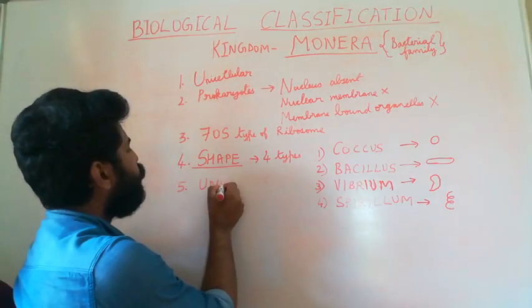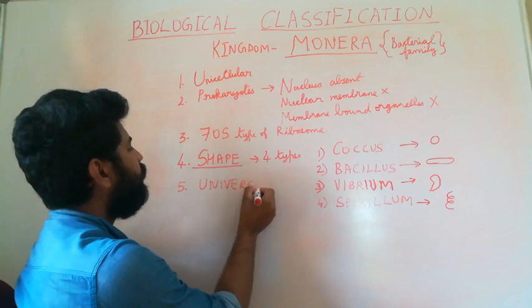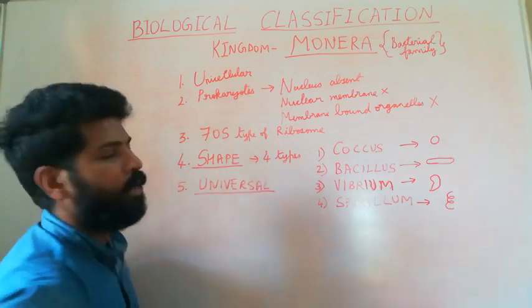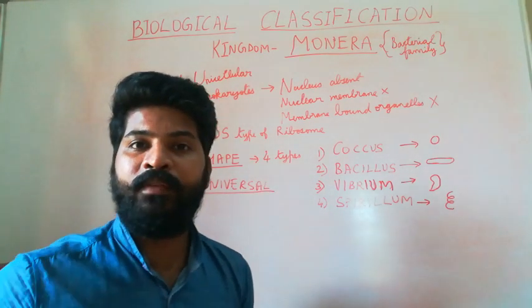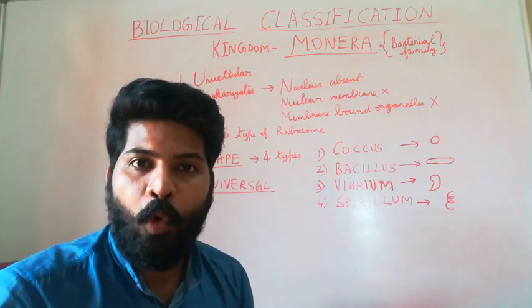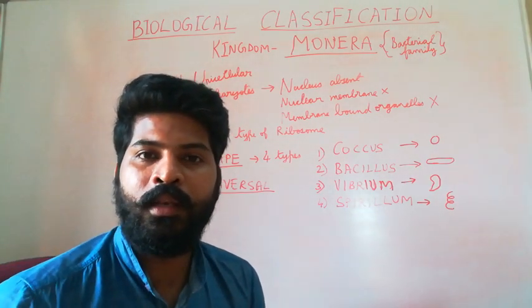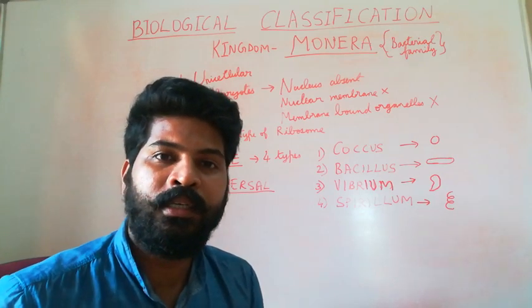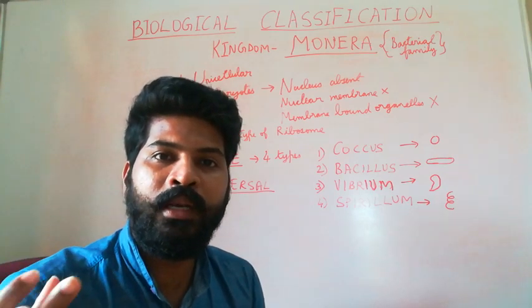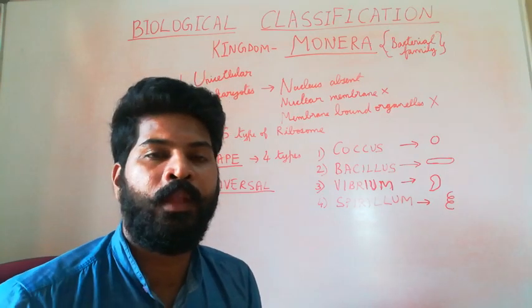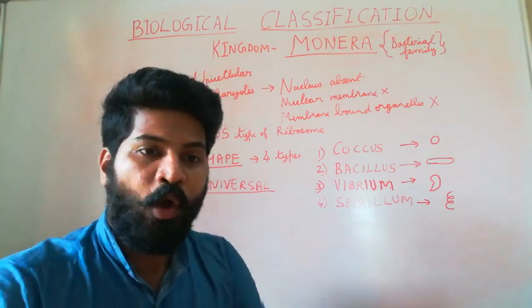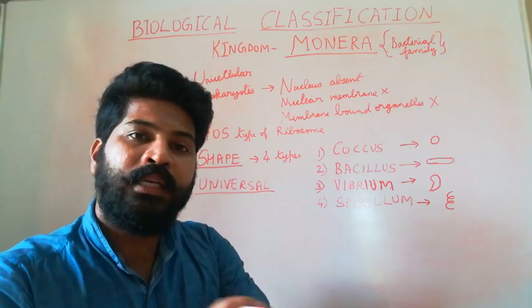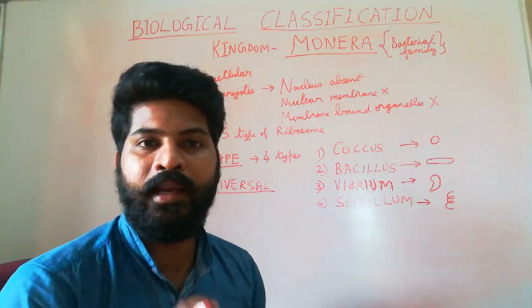Bacteria are universal in occurrence. We find bacteria everywhere, in air, in water, in soil, in hot water springs, in deserts, in the cold mountain glaciers in the Arctic. Also, it is present on the body of animals, inside plants and animals.